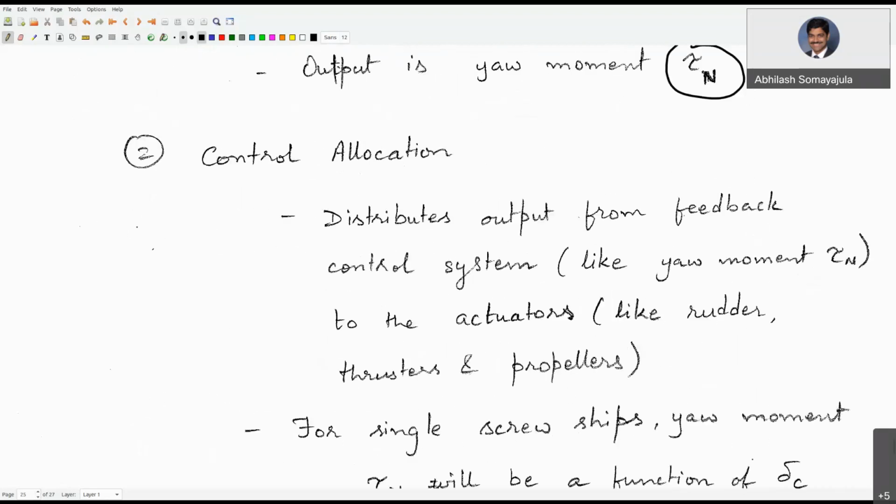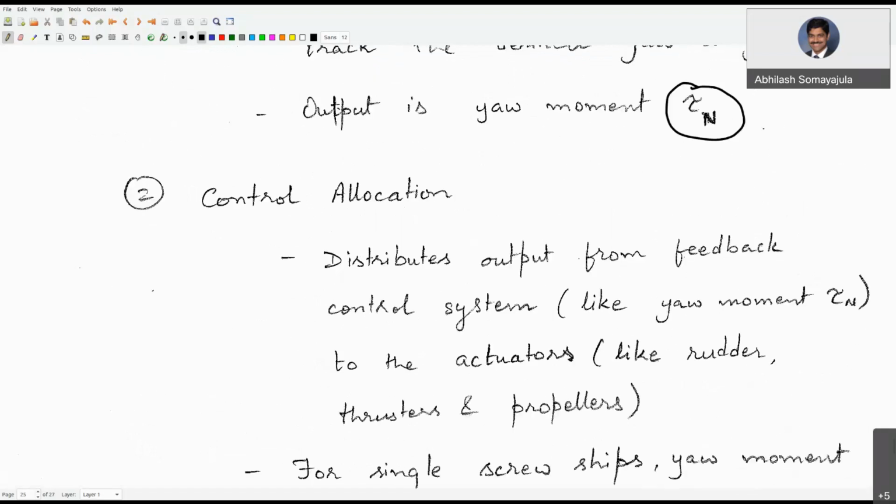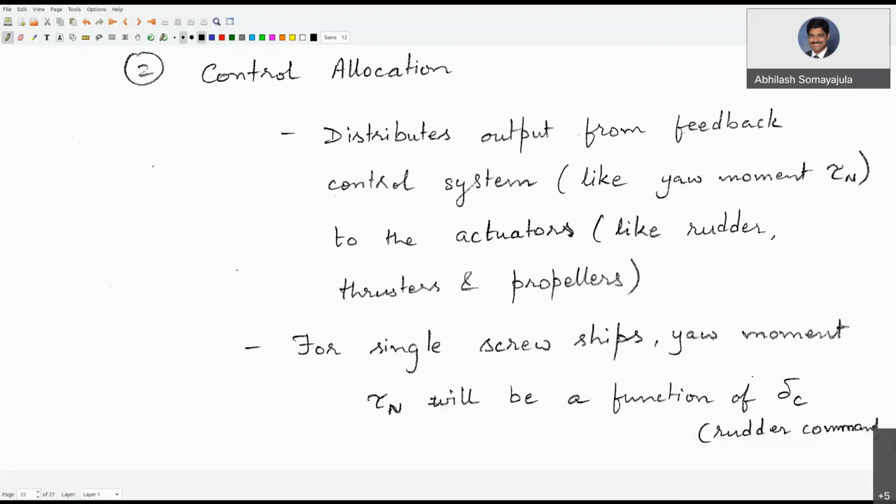The next aspect becomes the control allocation problem, which means that given a particular yaw moment, I want to find out how that can be achieved using the different actuators on board the vessel. And there can be different actuators. For a typical single screw ship, the only actuator will be the rudder, which will affect your yaw moment, right?